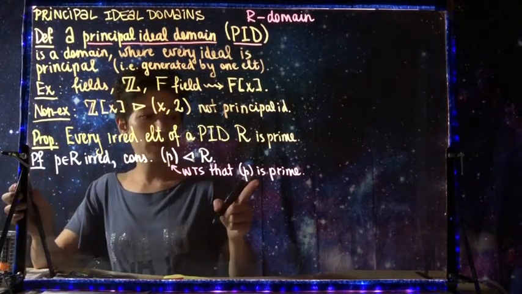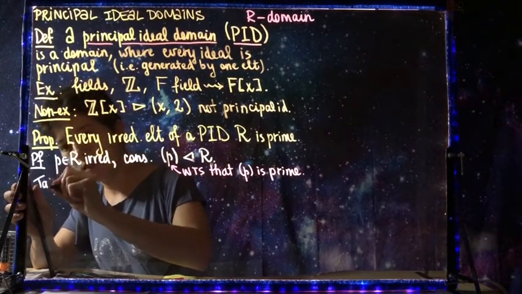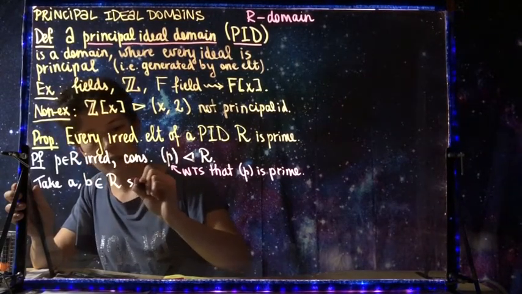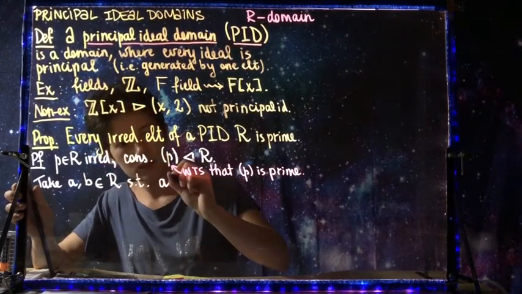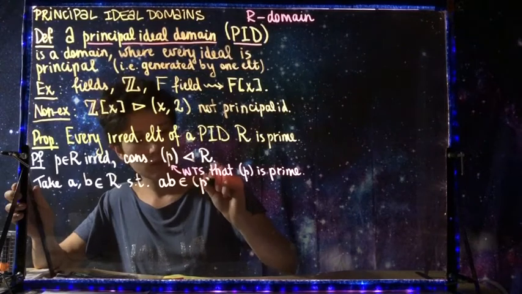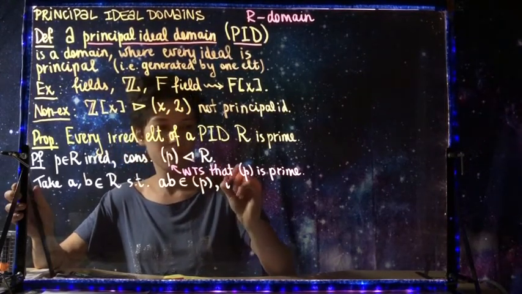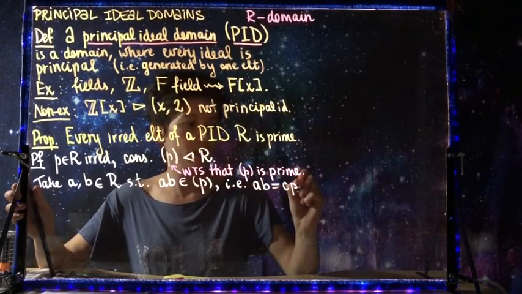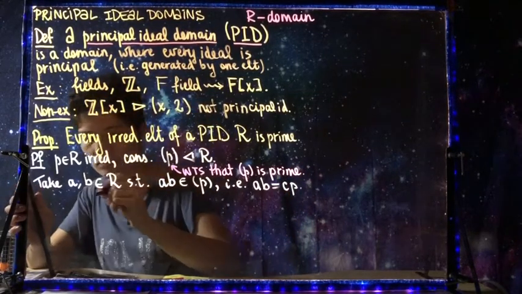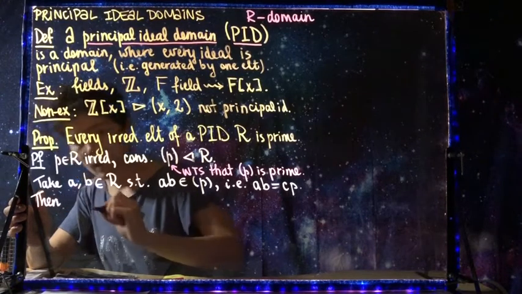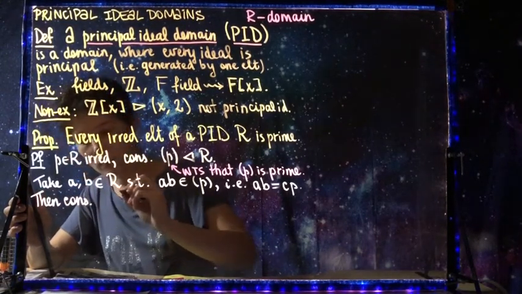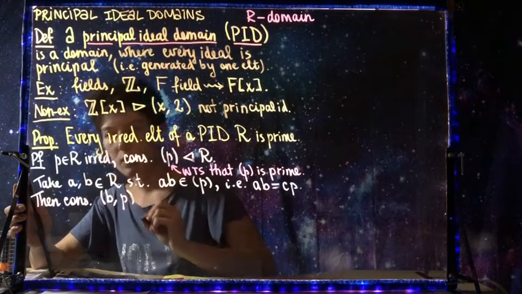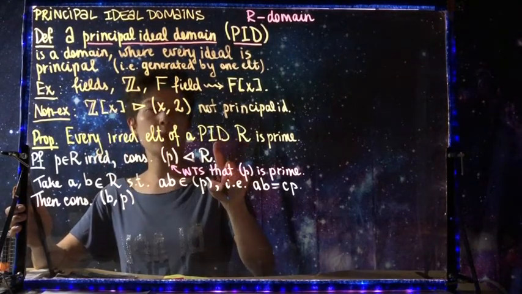So let us check primeness of this ideal by taking elements A and B in R such that A times B belongs to the ideal, which means that A times B is C times P for some element C in R. Then consider a bigger ideal generated by two elements B and P, and recall that R is a principal ideal domain.